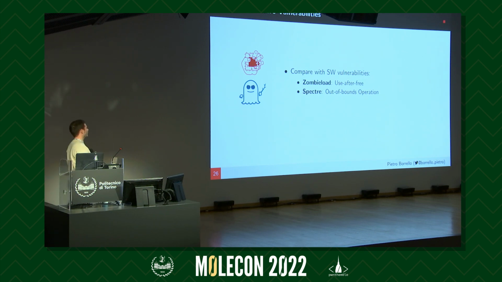So it was literally a software use after free in the hardware. Spectre, we can see as an out-of-bounds operation. You have a bounds check that is not performed, at least speculatively, so that you will access data that you were not supposed to access. This is still like in software, where you access an array over its bounds since you didn't do a bounds check. It's literally software vulnerabilities that we see in hardware. And as we said, AEPIC Leak here is improper initialization, meaning that you will use memory that is not initialized.